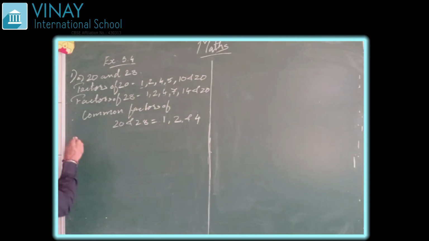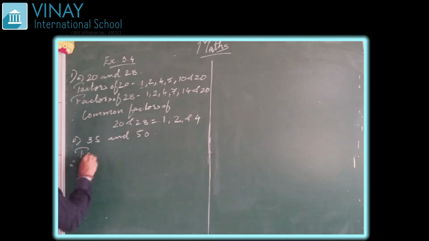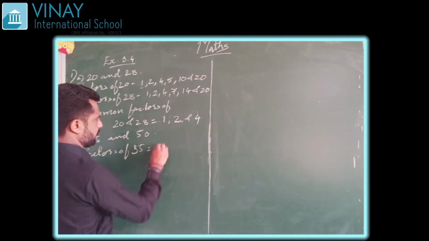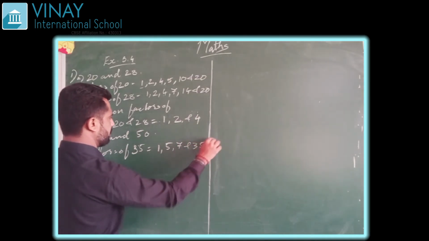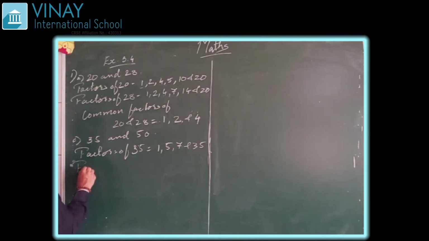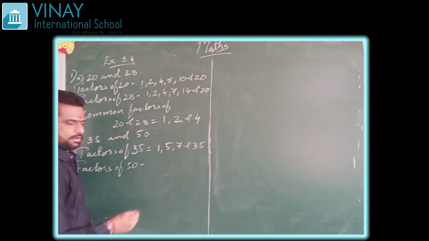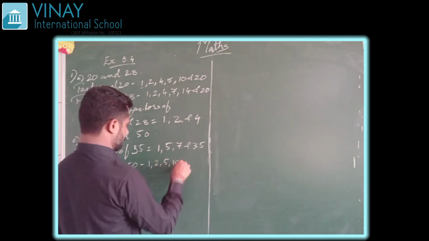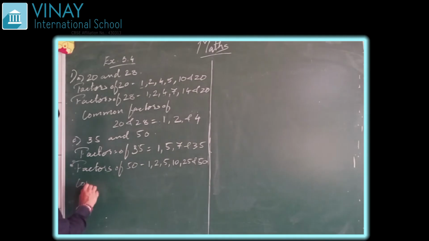Now question number C is 35 and 50. Similarly, factors of 35 are 1, 5, 7 and 35, and factors of 50 are 1, 2, 5, 10, 25 and 50.